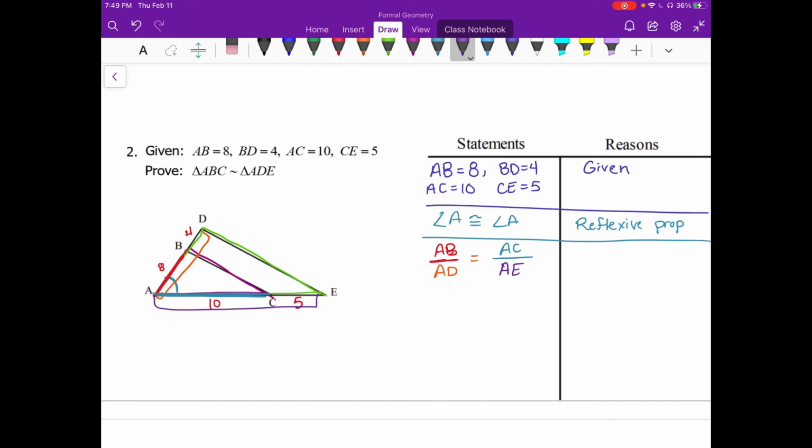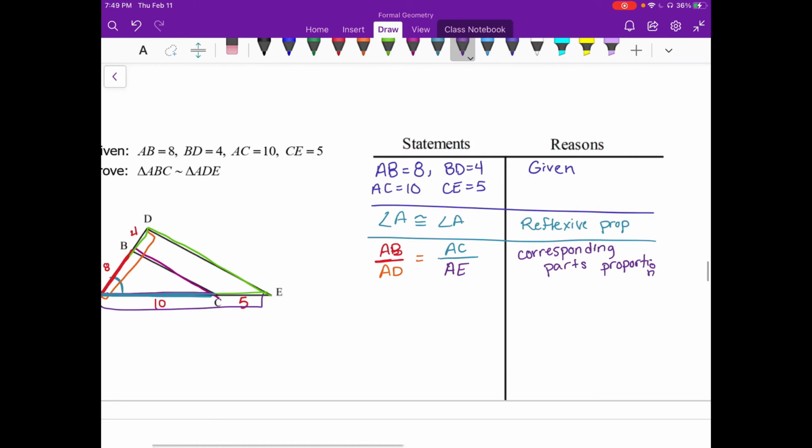For a reason there, I would just put corresponding parts proportional. I'm running out of room. Let me rewrite that. Proportional.